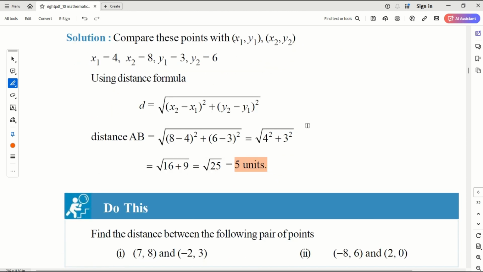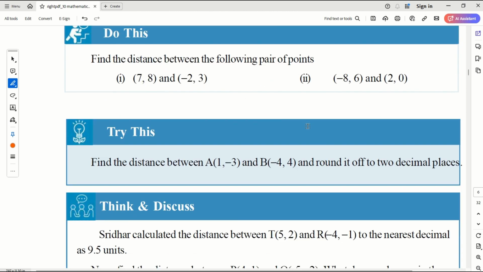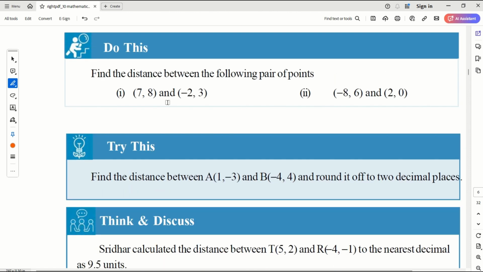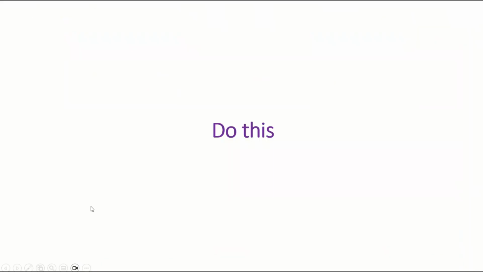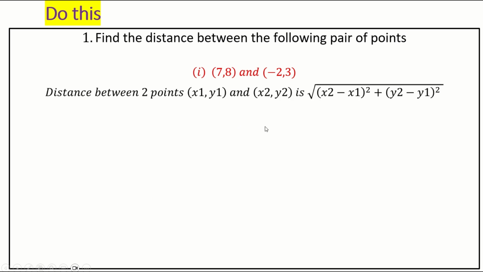Now let's do the simple do this section and try this section here. Find the distance between the following pairs of points. Okay, one is 7 comma 8 and minus 2 comma 3. It just needs the practice. Template is same.